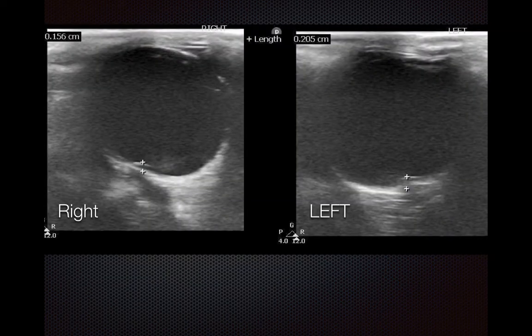So I measured it, and the right side was about 1.5 millimeters, and the left was about 2 millimeters. Definitely an obvious elevation, even if you're not measuring it.